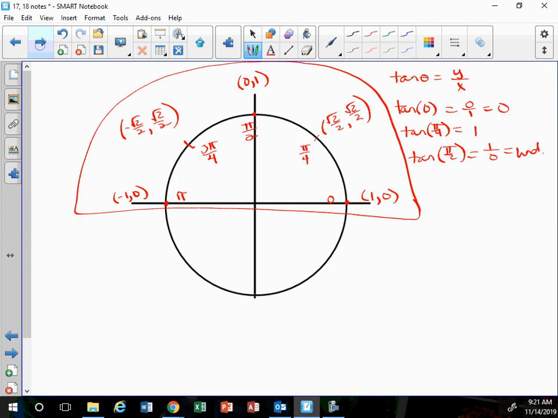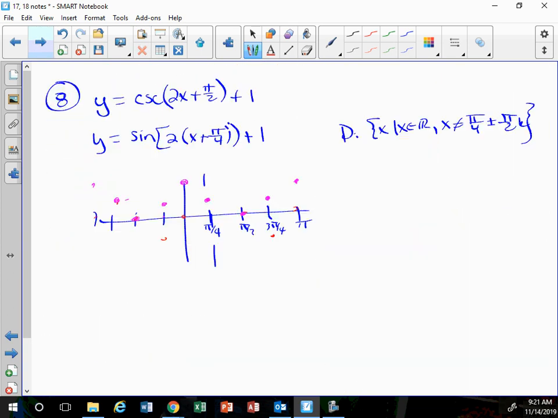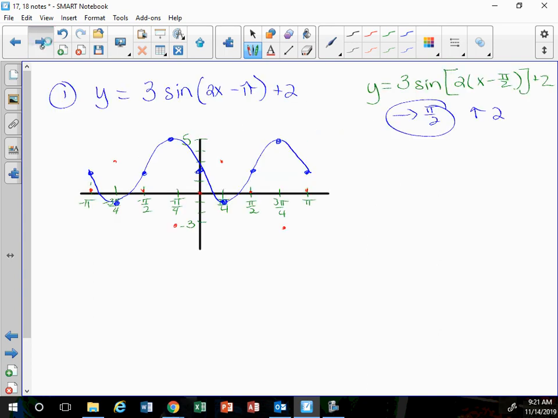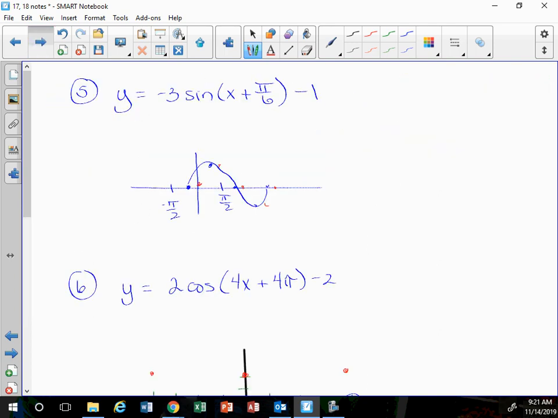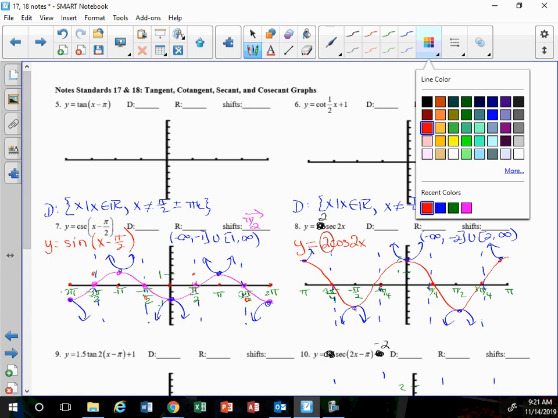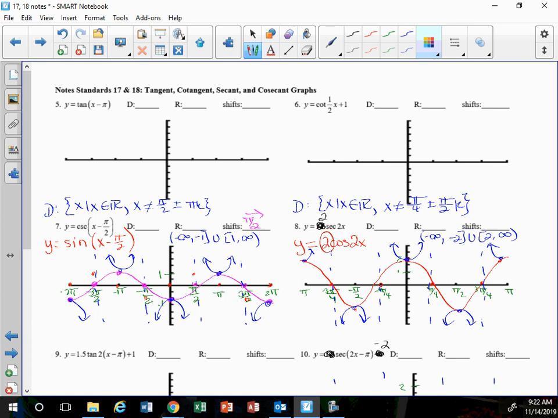So turn the page. I have the other page. There we go. All right, let's look at number 5 together. Are you guys finding 5? Sorry, just flip that page over.